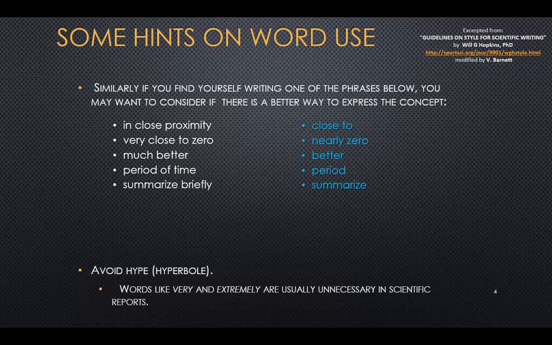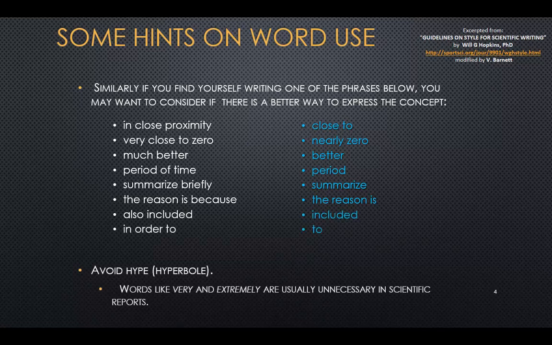Well, to summarize is to make it more condensed, so you could just say "summarize." The reason is because can be shortened to "the reason is." Also included could just be "included." In order to can be shortened to "to." Except for can be changed to "except."